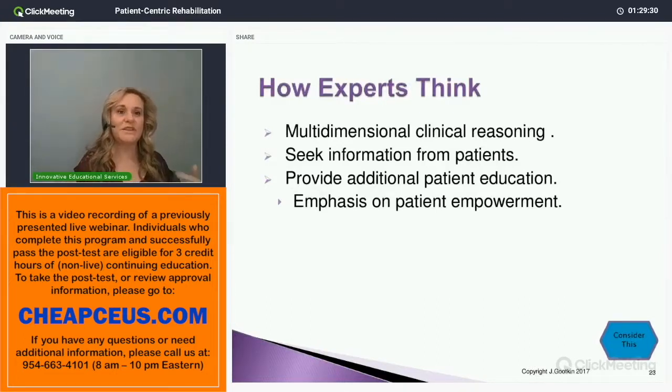There was one study that looked at occupational therapists, and they gave them an evaluation, and they had to complete the evaluation, look at the evaluation that was completed, meet the patient, come up with a treatment plan, and execute it.